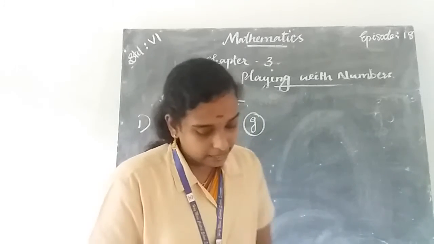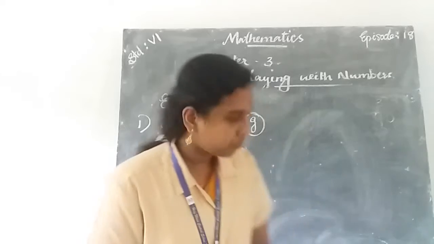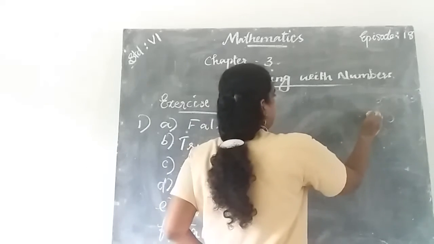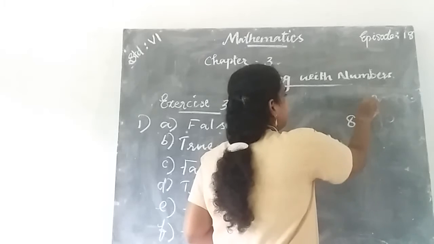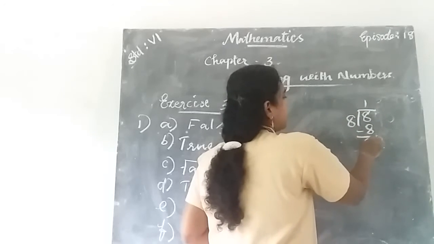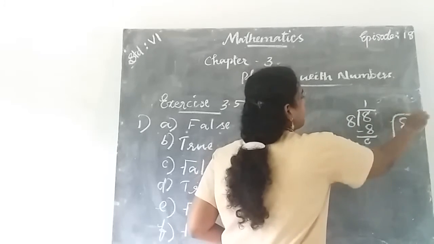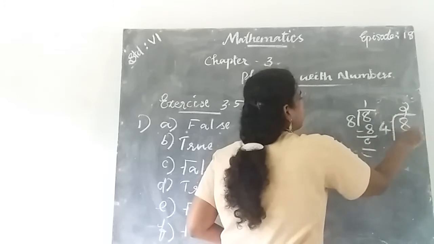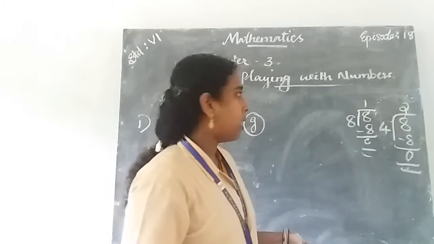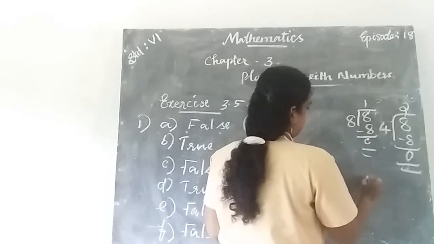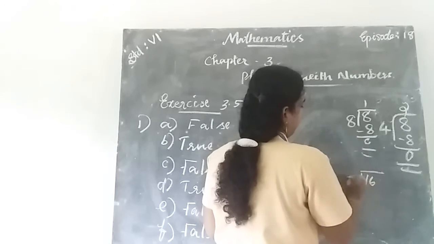If we take the number 8, 8 is divisible by 8, remainder 0. And 8 is also divisible by 4: 2 4s are 8, remainder 0. And we take another number which is divisible by 8, here 16.